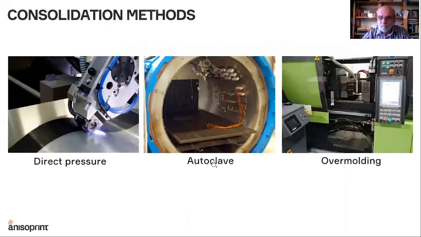There are different ways for consolidation. So you can consolidate prepregs in situ with direct pressuring when depositing with a pressure roller or tools like that. But for that, you of course need a strong support.